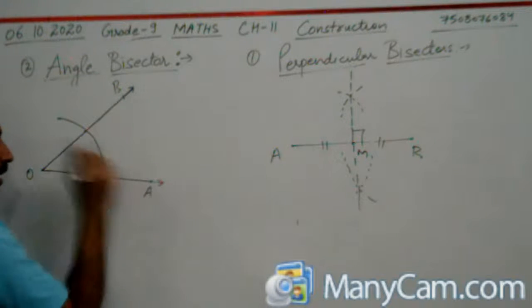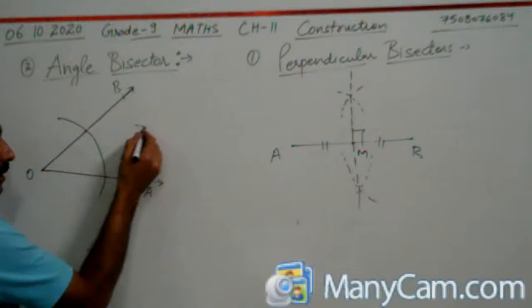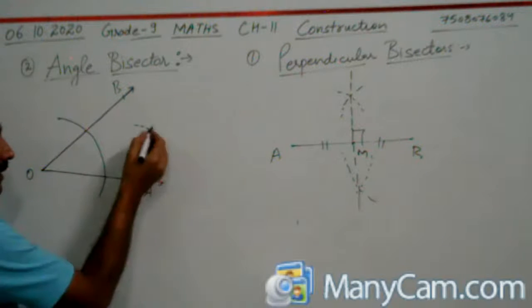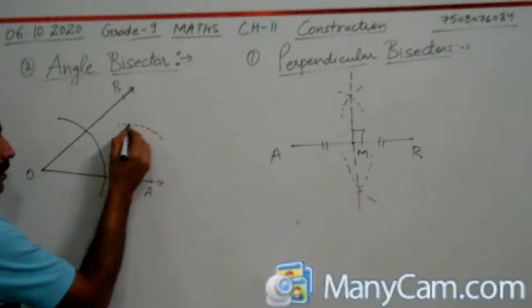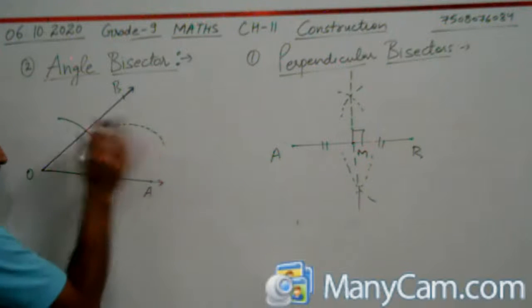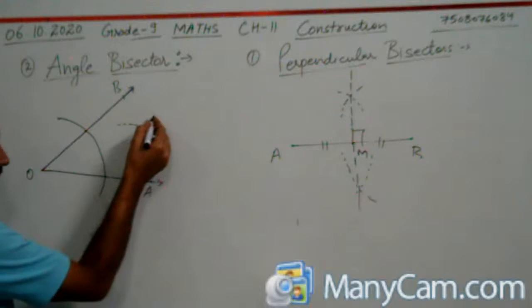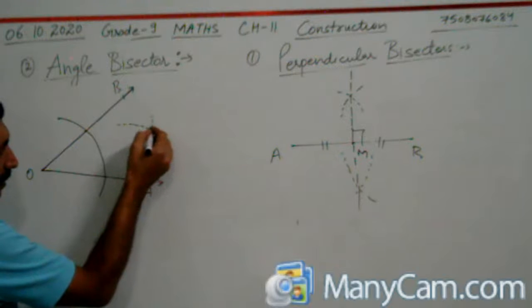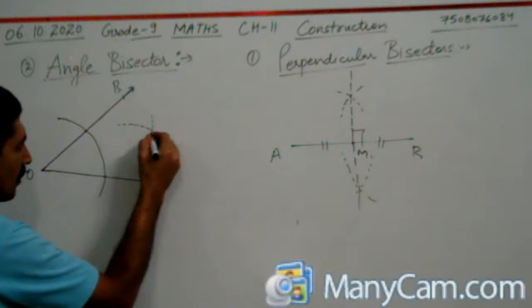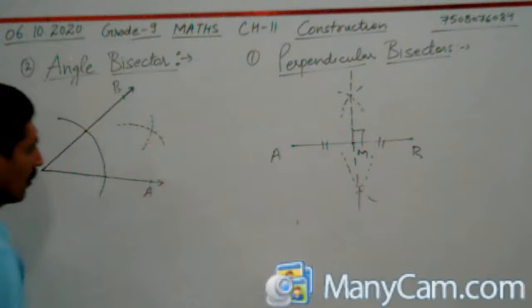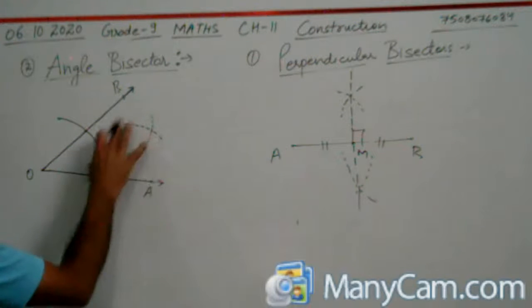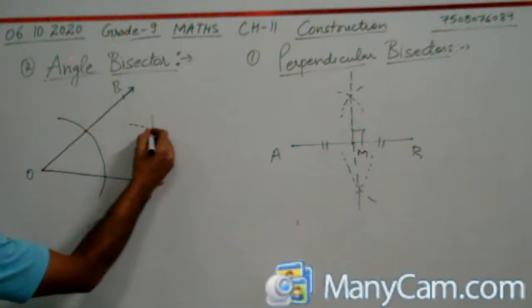From these 2 points, one arc from this point and one from that, we will not change the length. After marking these 2 arcs, we will join the point here.